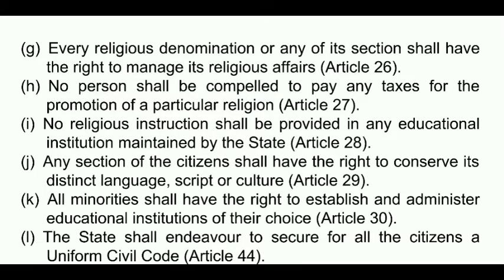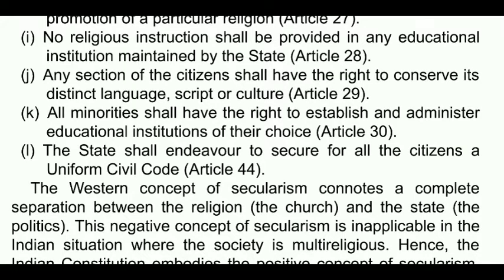Article 28. 10th, any section of the citizens shall have the right to conserve its distinct language, script, or culture. Article 29. 11th, all minorities shall have the right to establish and administer educational institutions of their choice. Article 30. 12th, the state shall endeavour to secure for all the citizens a uniform civil code.